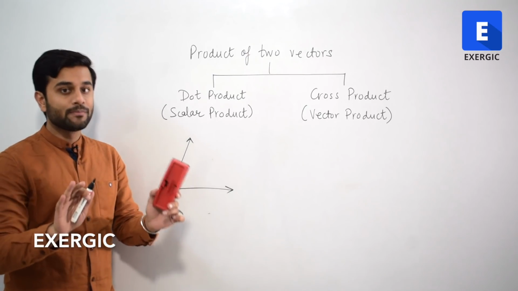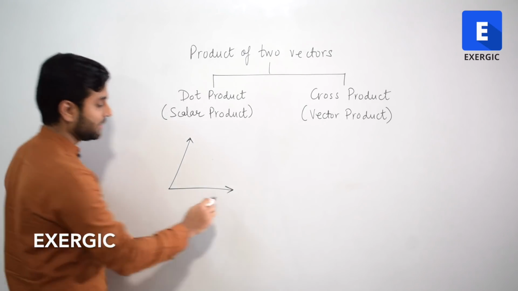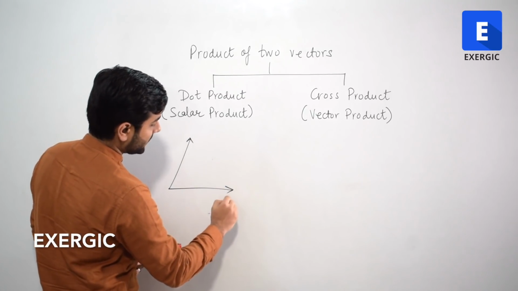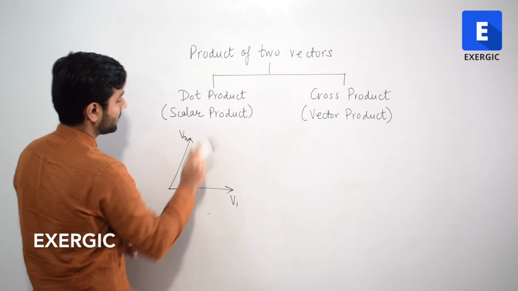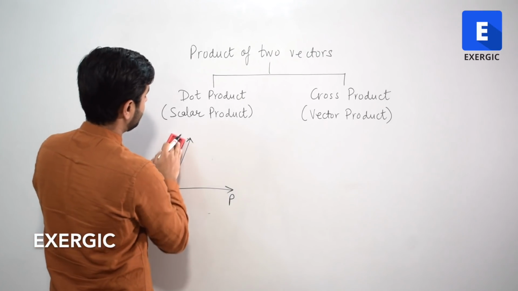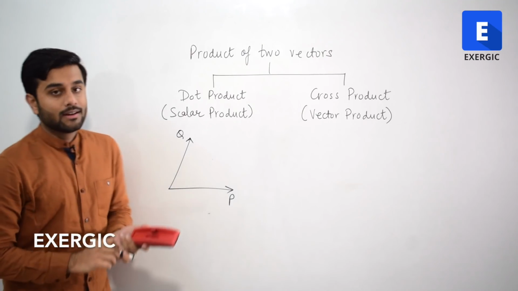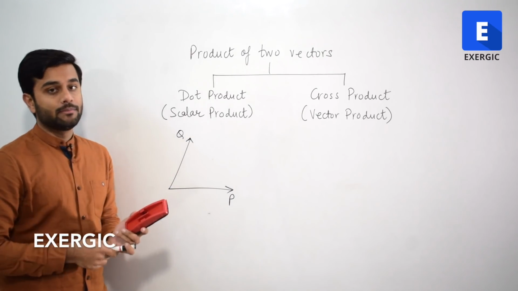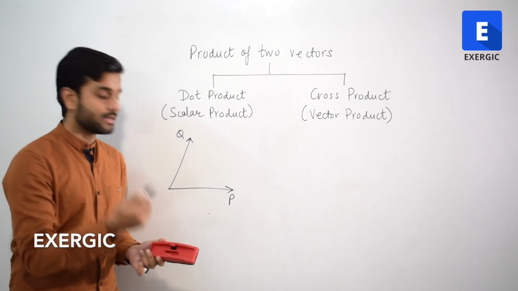What I want to say, now let me tell that in terms of some variables. Suppose this is some vector, let's say v1, and this is some vector v2, or let's name it p and q only. Vector p and vector q, alright. If I want to multiply their magnitude, now how is the magnitude of a vector represented?